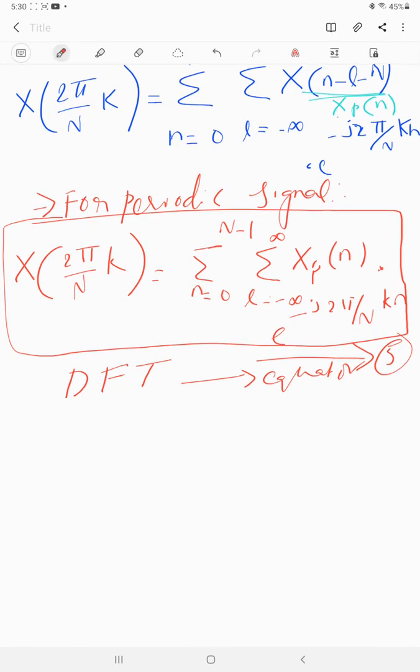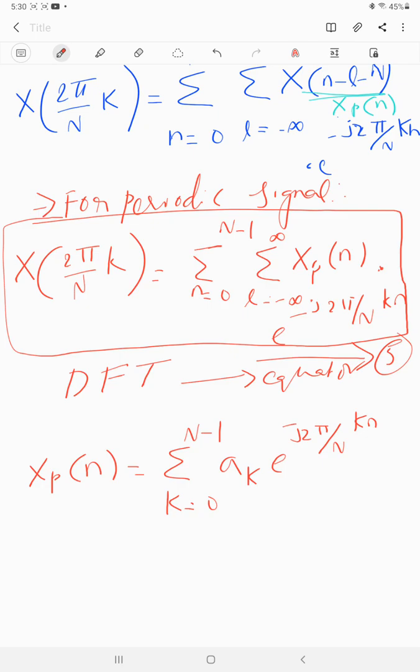Using the Fourier series, x_p of n is equal to summation of k equals 0 to N minus 1 of a_k e to the power of j 2 pi by N into kn, for n ranging from 0 to N minus 1.